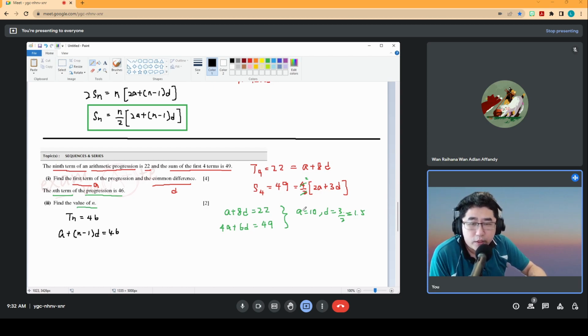Since A is 10, I put 10 here. Then I have n minus 1 here. Then I have 1.5 here, equals 46. So I rearrange the working and try to figure out the value of n. Try to do the calculation. Let's see what you get for n.